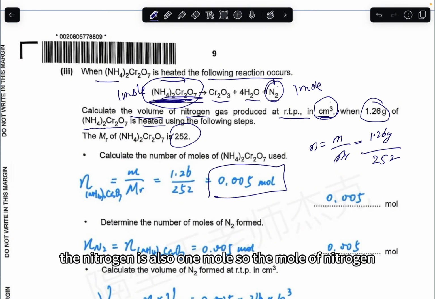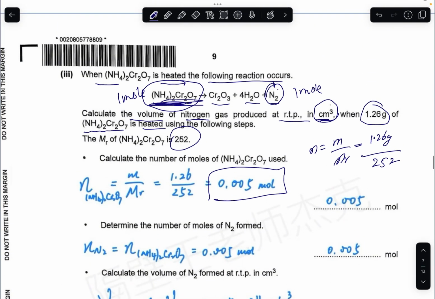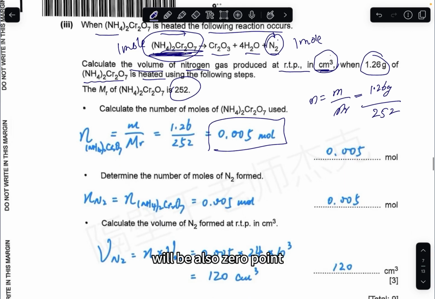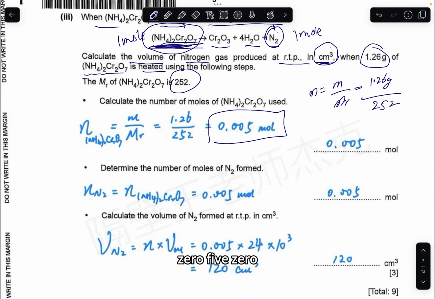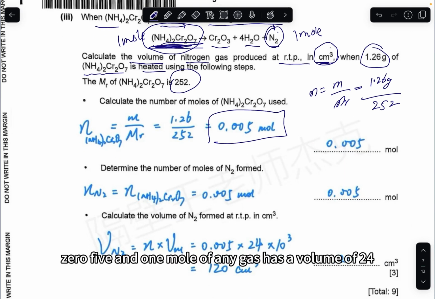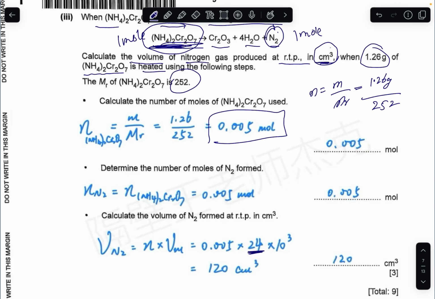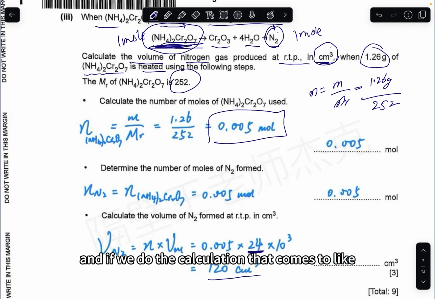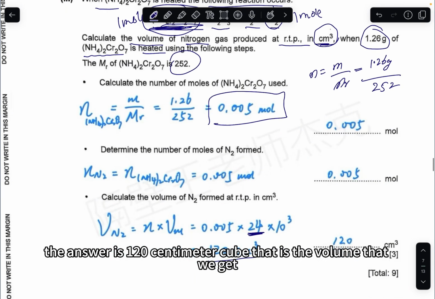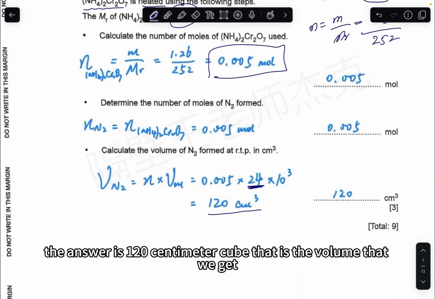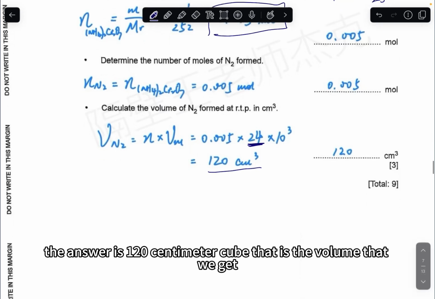As we know, the nitrogen is also 1 mole, so the moles of nitrogen will also be 0.005, and 1 mole of any gas has a volume of 24 dm³. If we do the calculation, the answer is 120 cm³. That is the volume that we get.